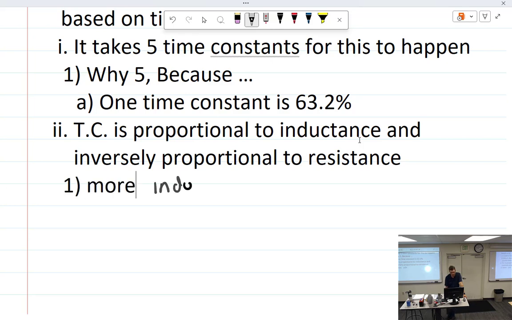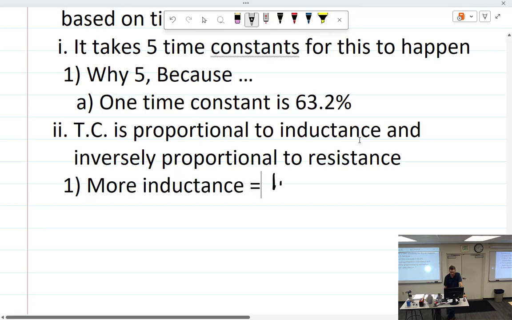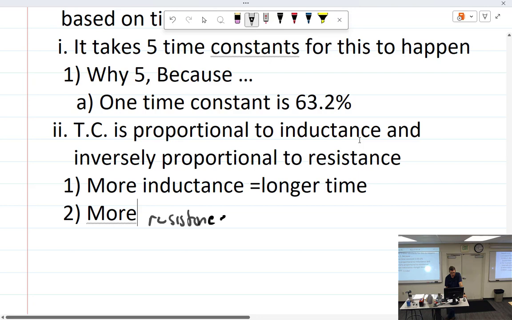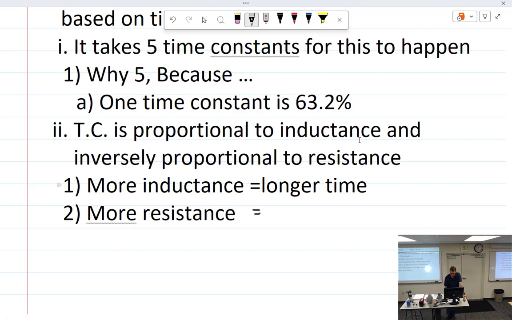Henries. More inductance equals longer time. More resistance equals shorter time.